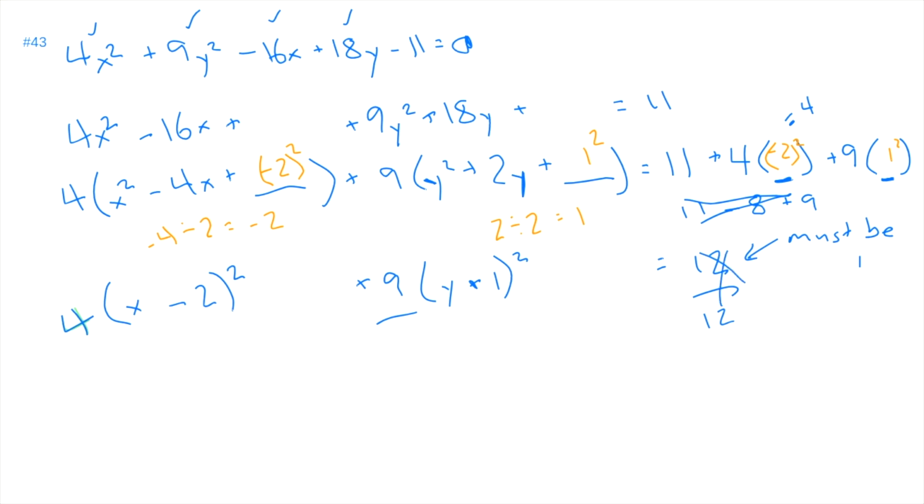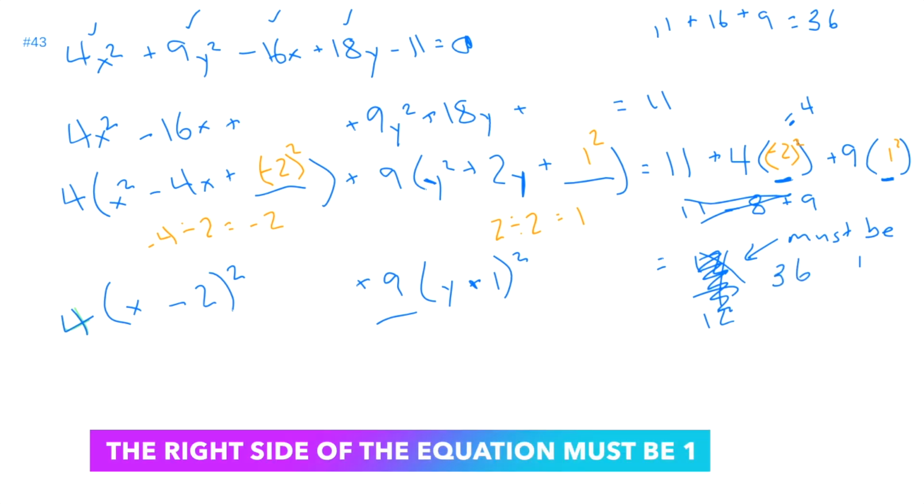This is 11 plus 4 times 4, 16, plus 9. I'm thinking this is 36. So here's a 36. The 36 must be 1. So I'm going to divide by 36. I'm going to divide by 36 in front of my y.